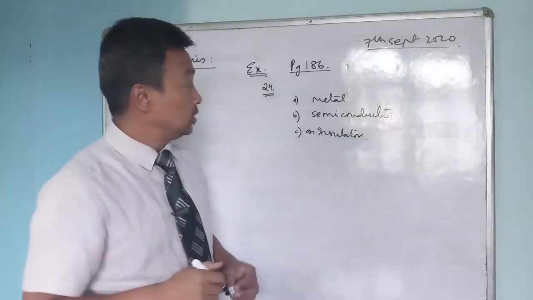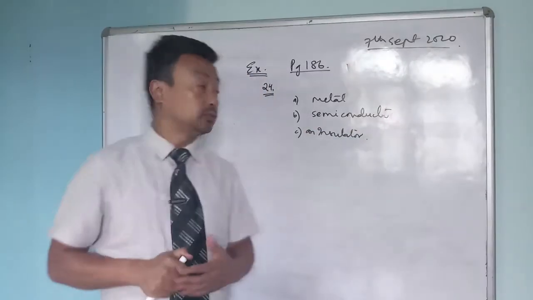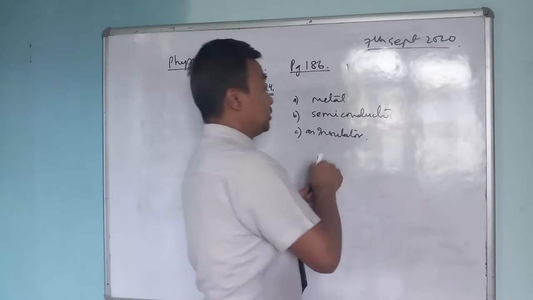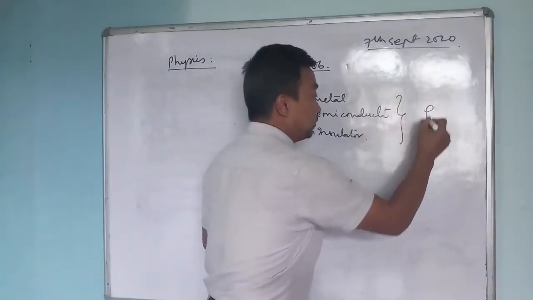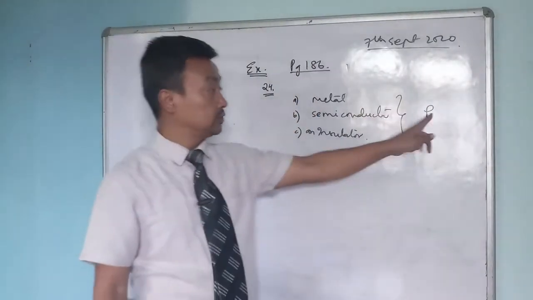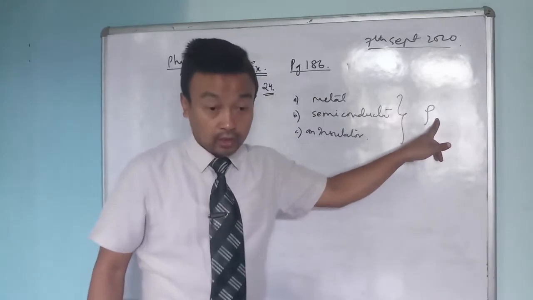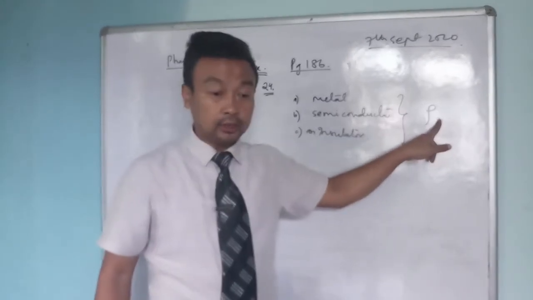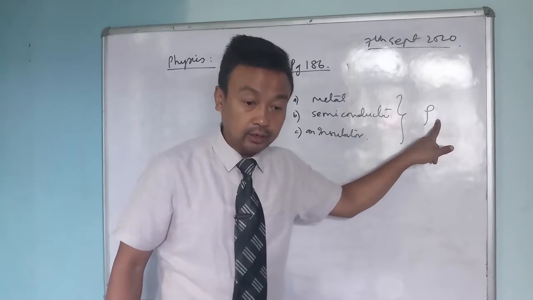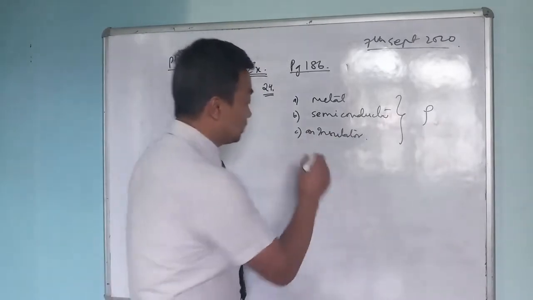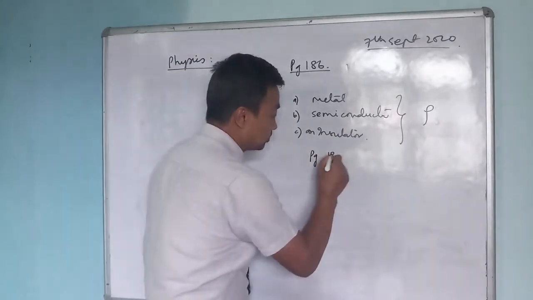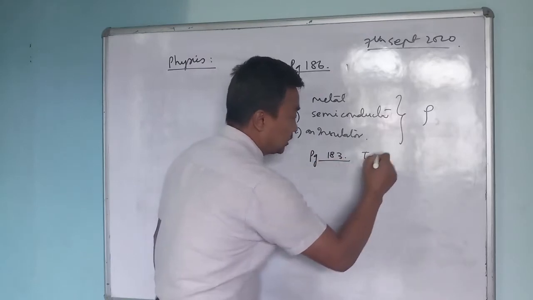For this, you have to tell the values of the specific resistance, which we have given the symbol rho. If you look at the textbook on page number 183, you will find a table.